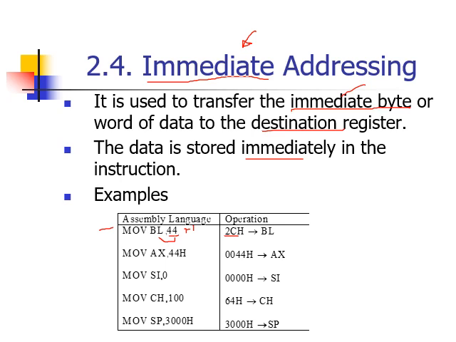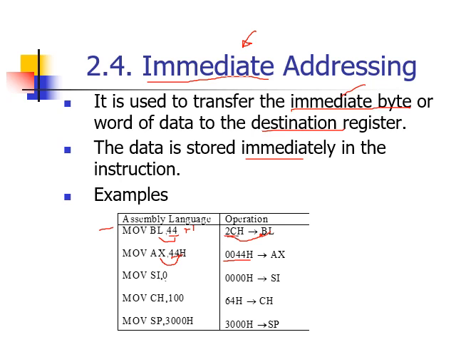So what this instruction does is take 2C as a hexadecimal value and place it into BL. Here, this 44 is a hexadecimal number, so you are allowed to place an immediate 8 bits into a 16-bit register, because these 8 bits will be placed in your AL while your AH will become 0.